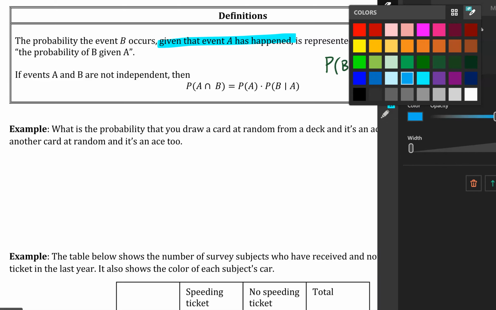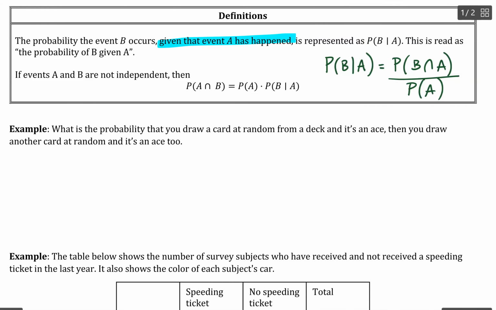So in the conditional probability formula, the intersection of the two events is on top, and then you divide by the given probability. You can manipulate this formula by multiplying by the probability of A on both sides, and that will give you the probability of the intersection if our two events are not independent.